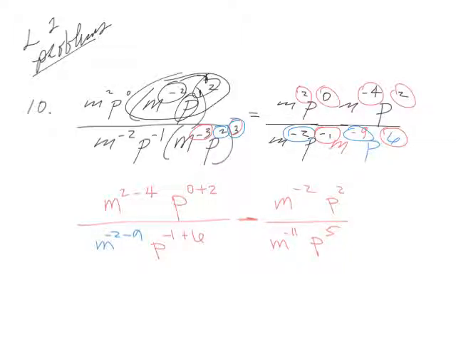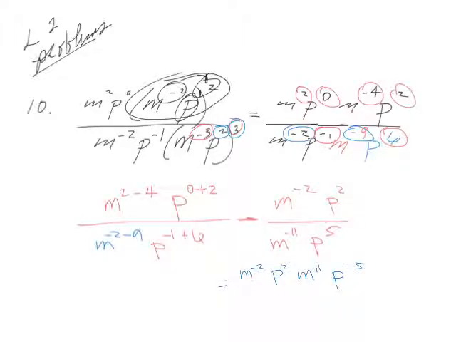So we can move these back and forth anytime we want as long as we change the sign on the exponent, and we're good. So I'm going to leave my m to the minus 2 alone, my p squared alone, but I have to move the m to the negative 11 up, so I change the sign, and I'm moving p to the 5th up, so I have to change its sign to its opposite. Now I can start combining.